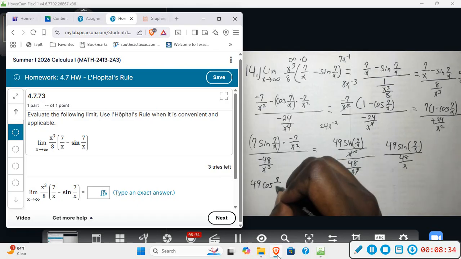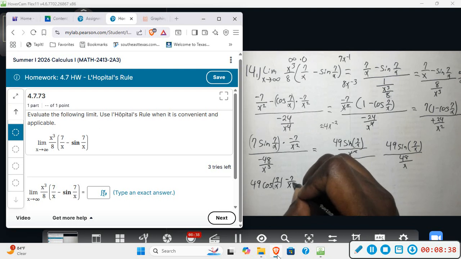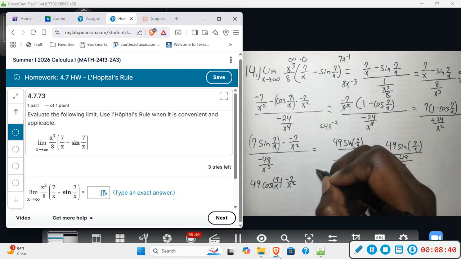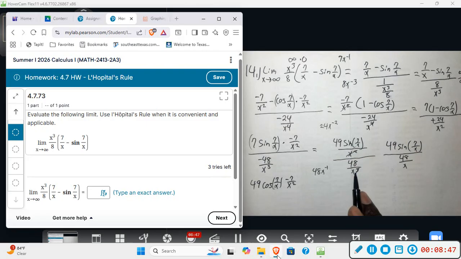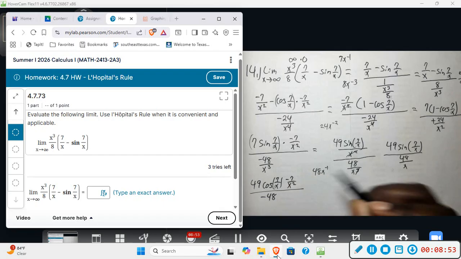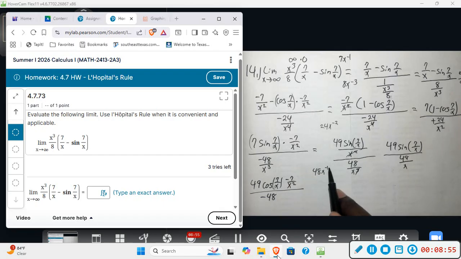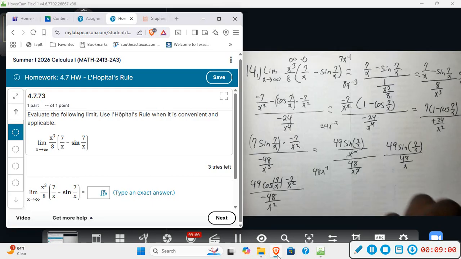Argument 7 over x, derivative is negative 7 over x squared. And then on the bottom, this 48x to the negative 1 is what I'm going to say. Times a negative, it's going to be a negative 48. Subtract 1, be a negative 2. Move it back down. So x squared.